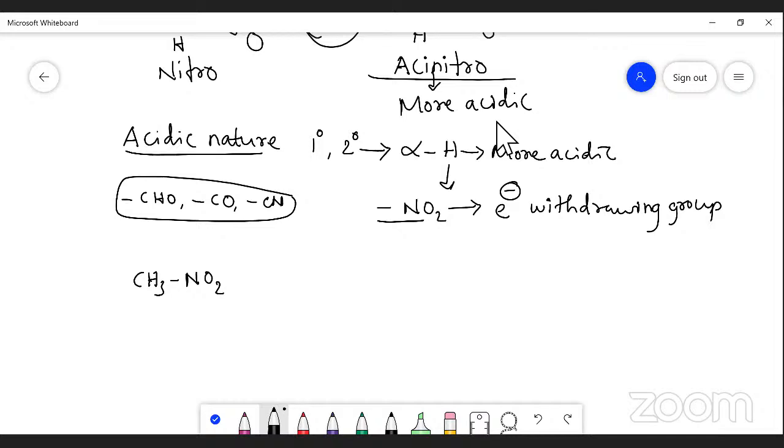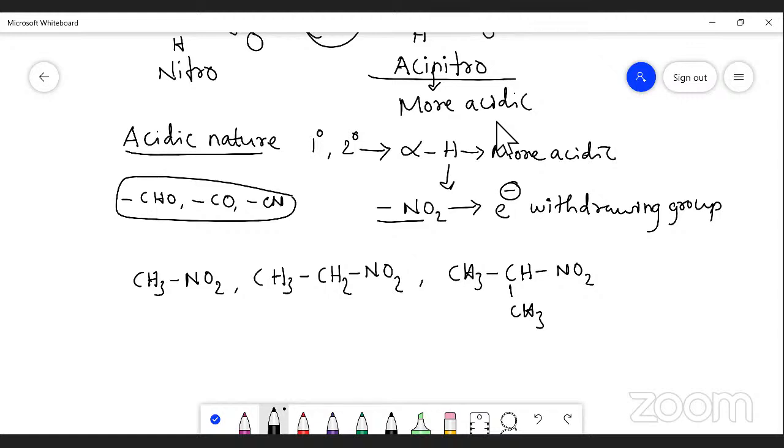The second compound is CH3CH2NO2, nitroethane. And the third compound is CH3CHCH3NO2. This is a secondary compound.